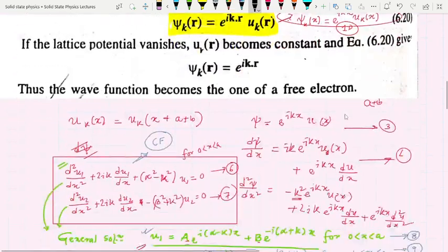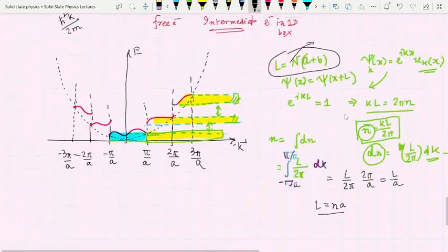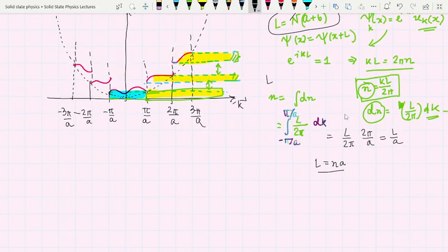If we neglect it, then L is equal to N into capital A. Again, what we obtained for the first case, L is equal to NA. So N is equal to capital N. What does it signify? It gives us a very important conclusion that the number of wave functions present in a band is nothing but equal to the total number of unit cells within it.